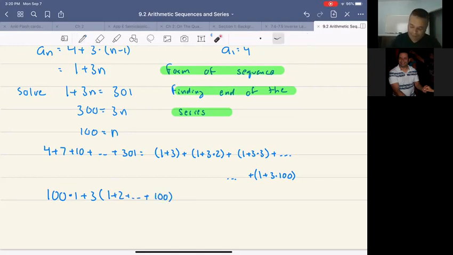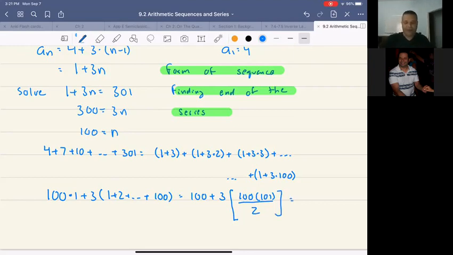So it's the 100 ones here, plus 3 times 1, 3 times 2, 3 times 3, 3 times 4, and on until 3 times 100. So this gives us 100 plus 3 times 100 times 101 divided by 2, which equals 15,250.